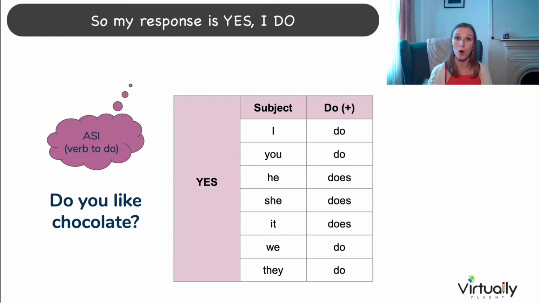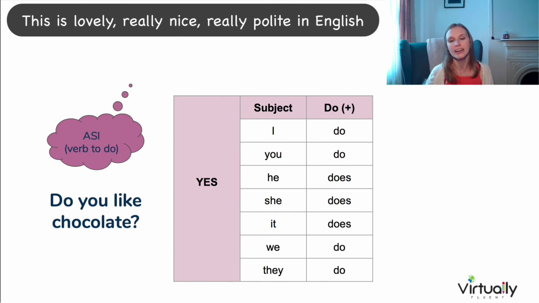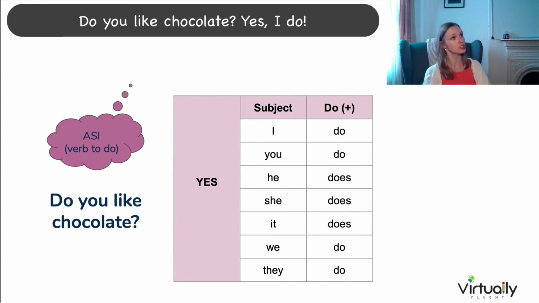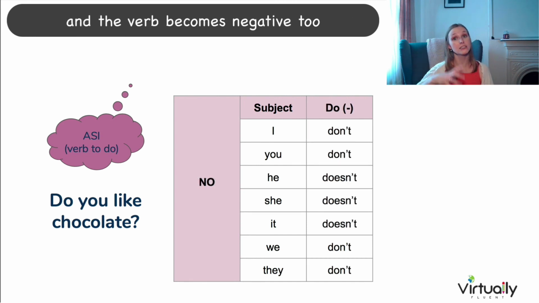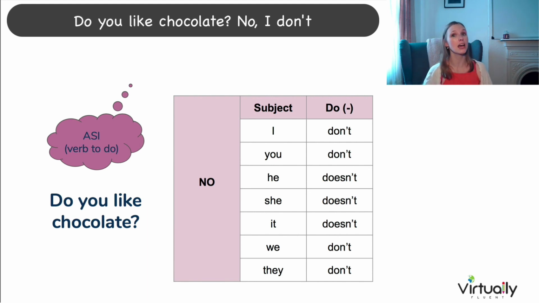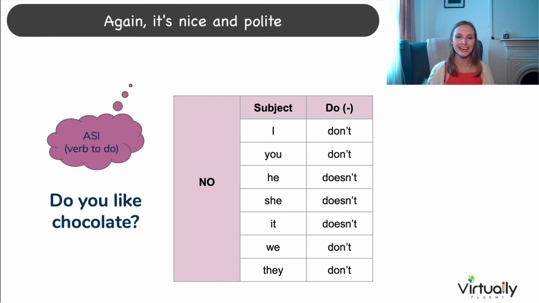So my response is yes, I do. This is lovely, really nice, really polite in English. Do you like chocolate? Yes, I do. And in the negative, we change the yes to no, and the verb becomes negative too. Do you like chocolate? No, I don't. Again, it's nice and polite.